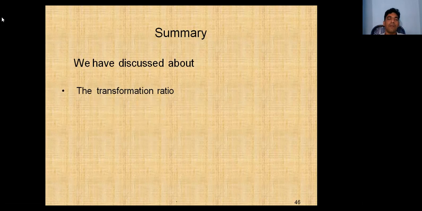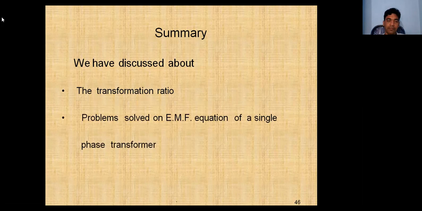The transformation ratio K is V2 by V1, or N2 by N1. And we also solved problems on the EMF equation of a single phase transformer.